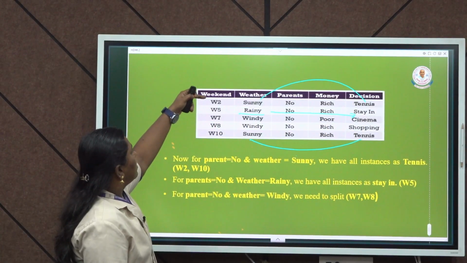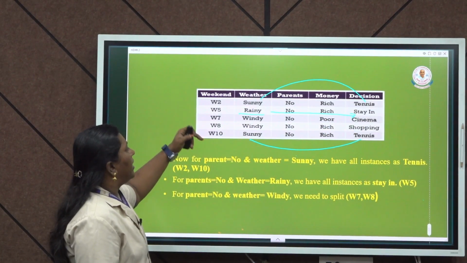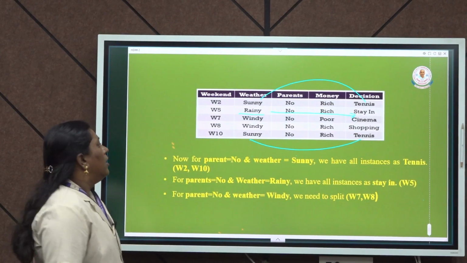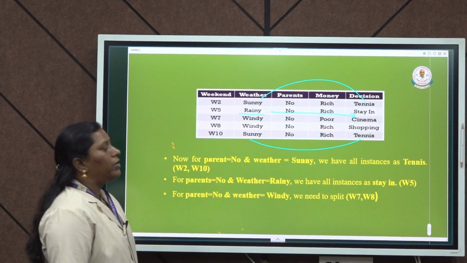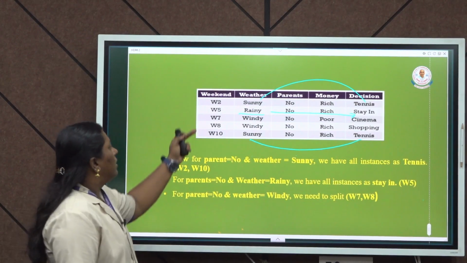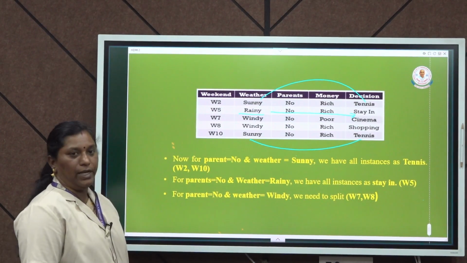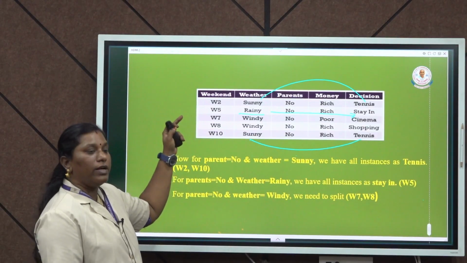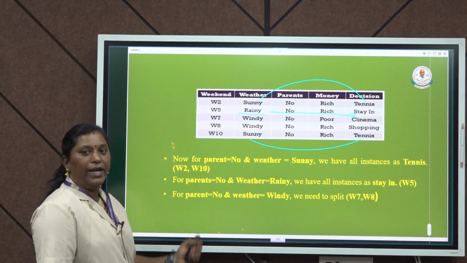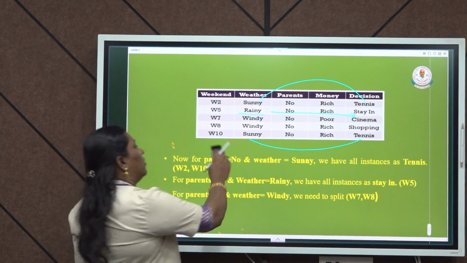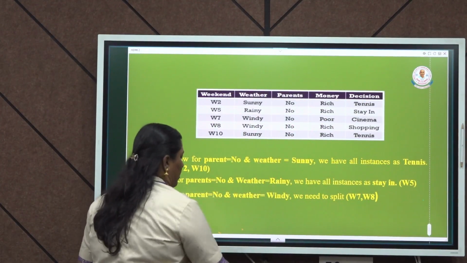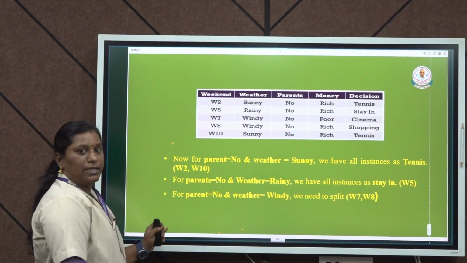So according to W2, W5 and W10, we need not do any further splitting. Now we are going to consider splitting W7 and W8 alone. If we split W7 and W8 in the decision tree, the decision tree will look like what we are going to discuss right now.